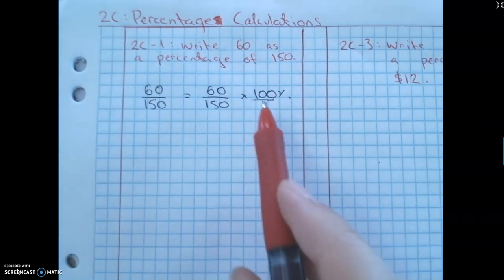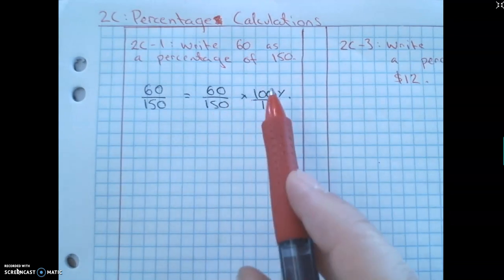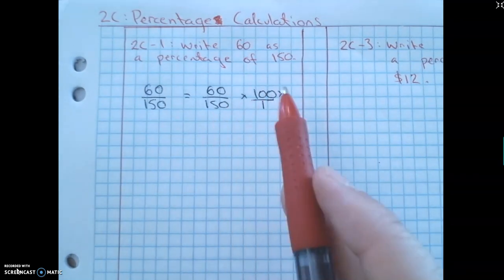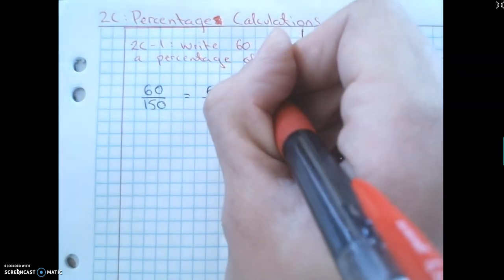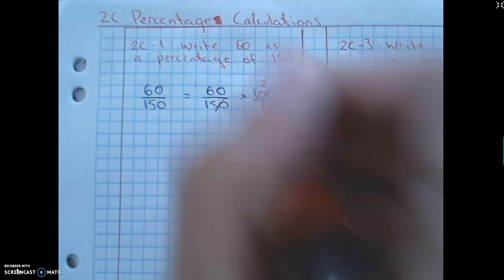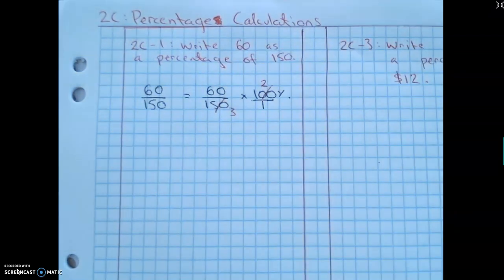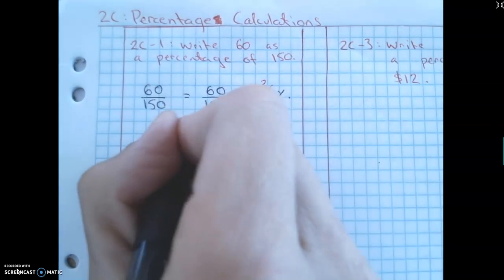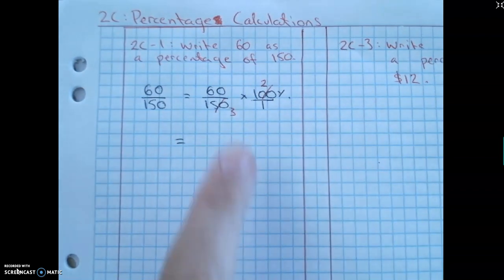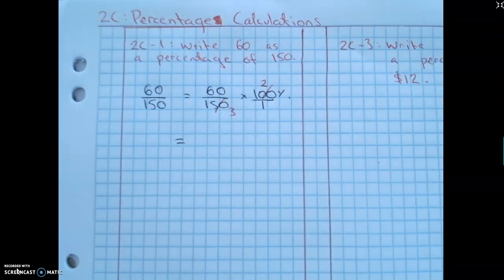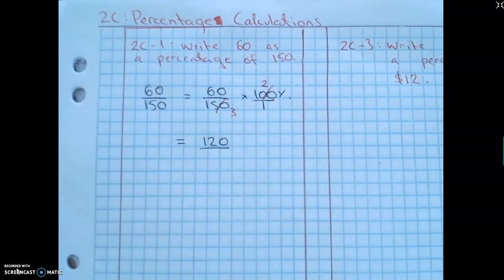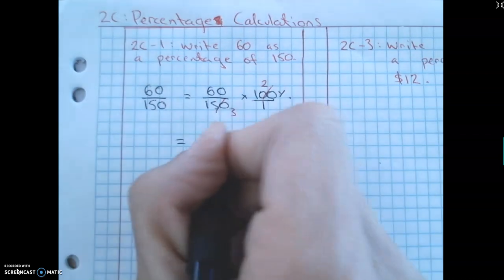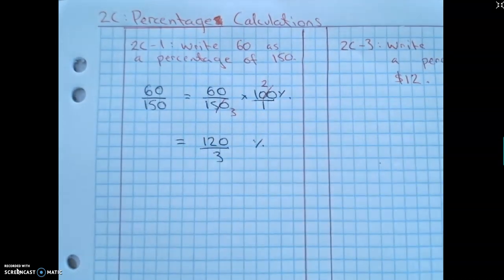If I divide 100 by 50 and 150 by 50, the 100 will become a 2 and the 150 will become a 3. Hopefully we're familiar with that. And then it's as simple as going 60 times 2 gives me 120 over 3 times 1 gives me 3. And that's going to be our percentage.